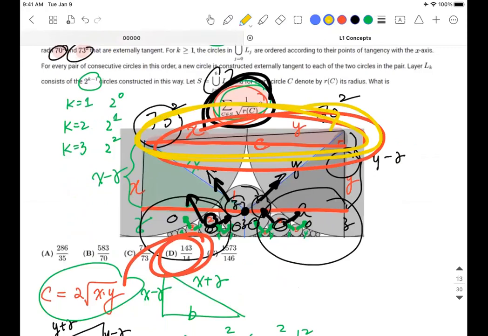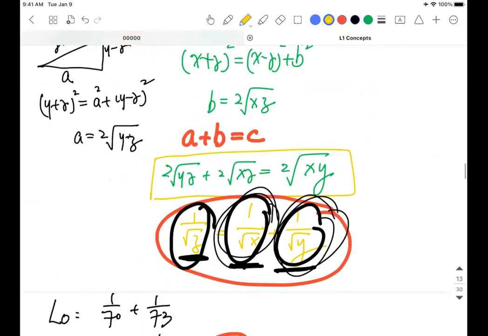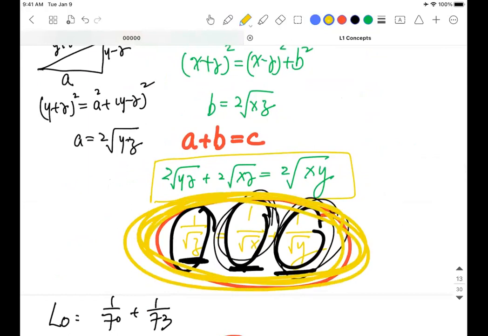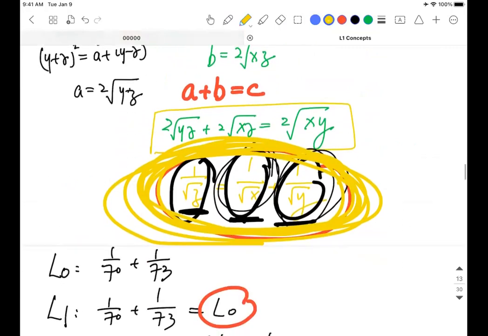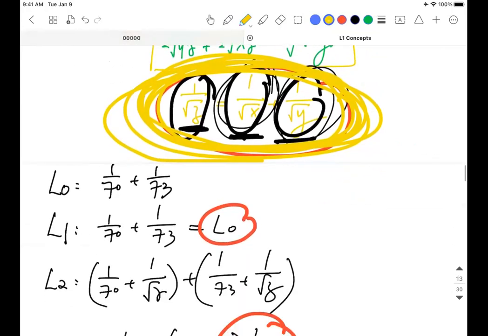This is the first time you use it, and then the second time, the third time, and then you find out there's such a nice relationship between the two circles. This is what you're going to do for such a problem. This problem might be a little bit challenging, but the overall flow is very understandable. Using whatever we introduced in our lecture, you will be able to solve the problem fairly quickly.